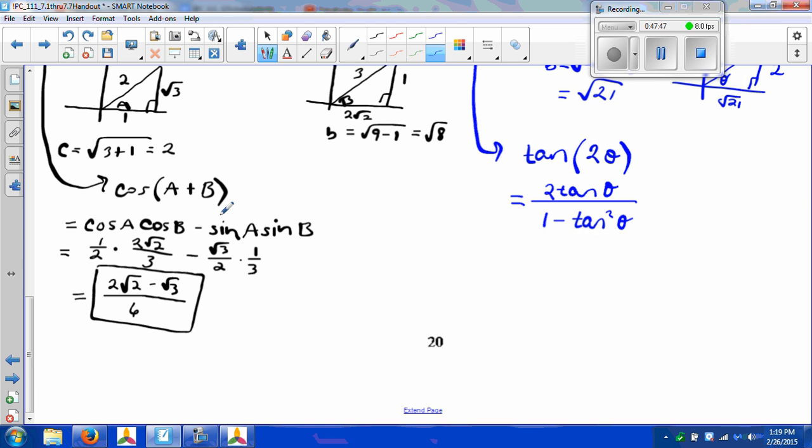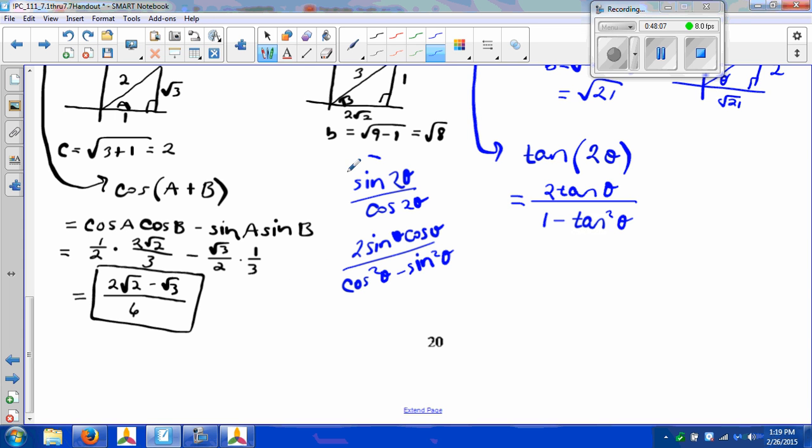Like I said, I would have just done sine of 2 theta over cosine of 2 theta, and then that would be 2 sine theta cosine theta over whichever one of the cosines you want, cosine squared theta minus sine squared theta. And then I would fill these in using my triangle. But if you have this memorized, then this one probably is a little bit faster.